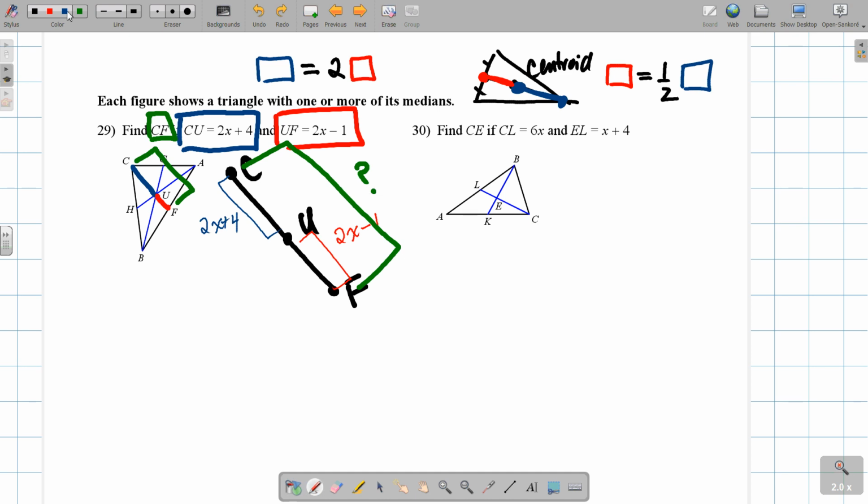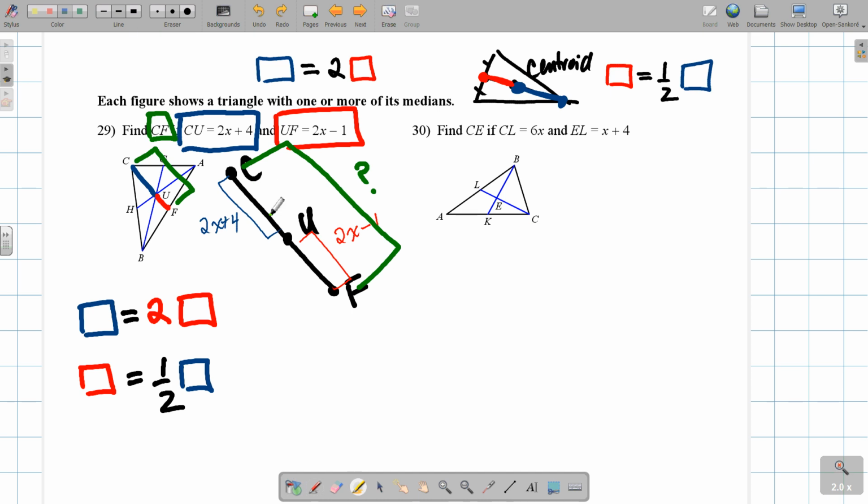Now, we're going to write both our equations here and see which will help us out. We know that the blue is 2 of the red. We also know that the red is half of the blue. We don't have anything for the green to work with, so we're going to leave that alone. You can see here that since we have the red, we can simply plug it in right there.